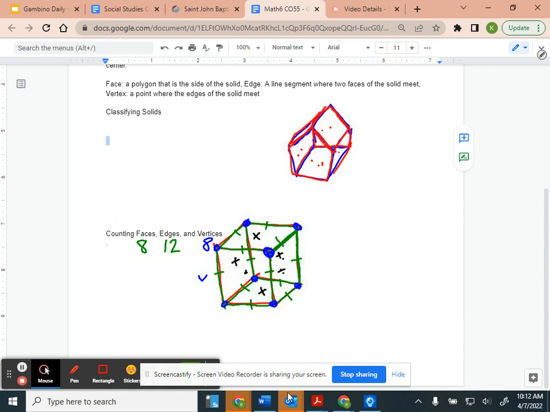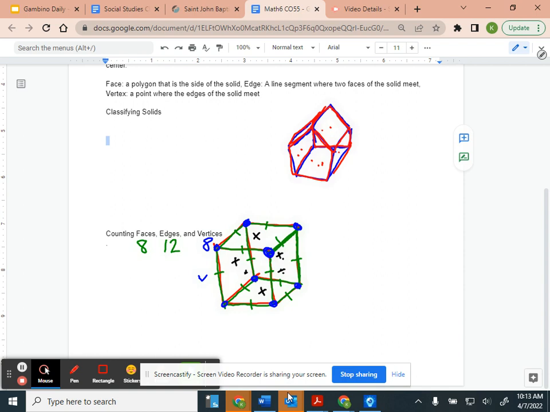It is super easy to lose count when you're counting those sides, so you have to double check. Friends in the back, please stop talking. It is super important that we double check our work. If you count it one time, do it again and make sure you're counting correctly.